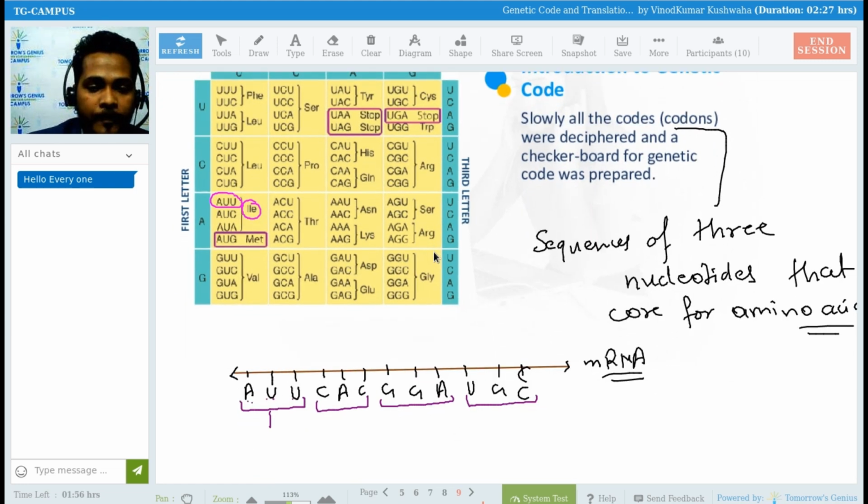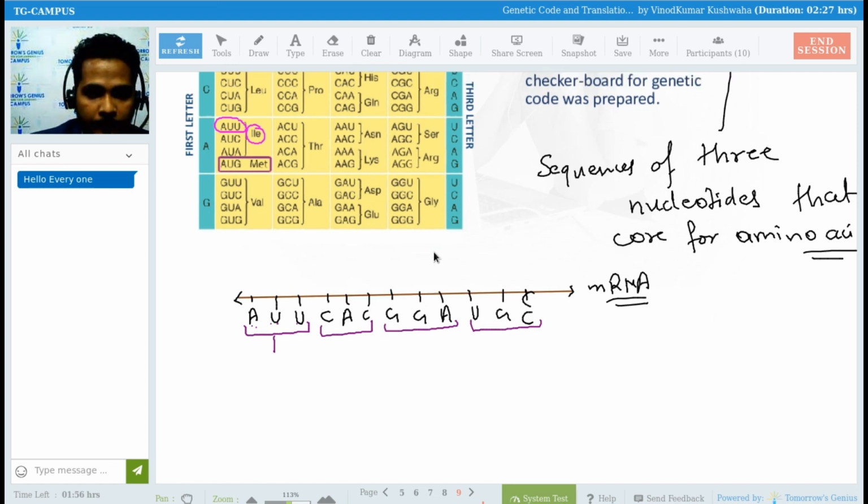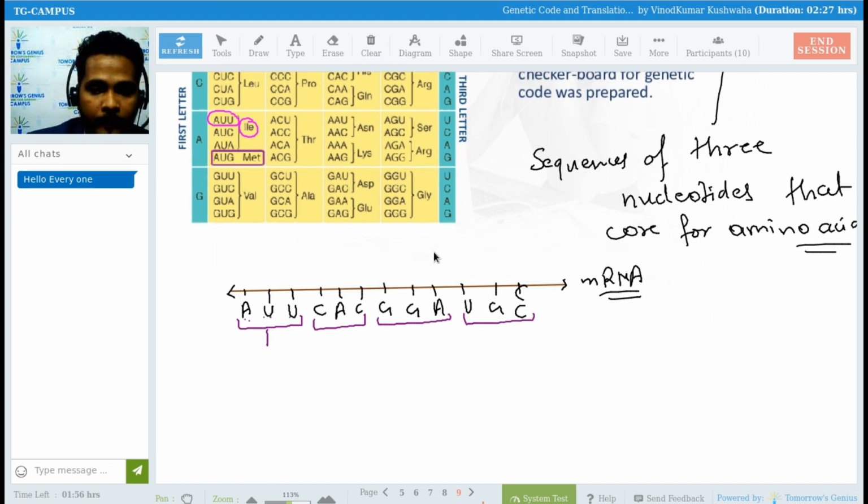So this is the code for isoleucine. So I can write here this particular amino acid is isoleucine.